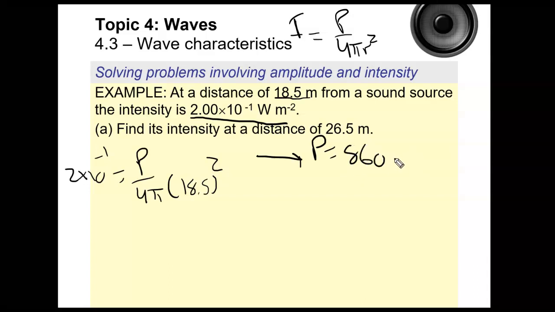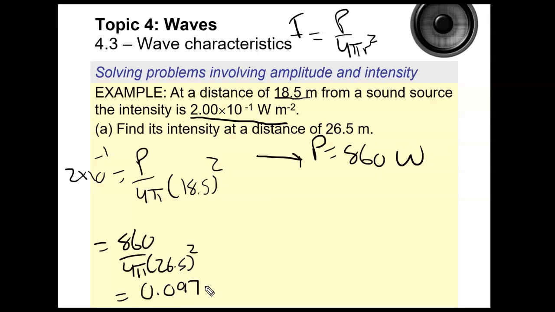I get about 860 watts. And then I could plug into the new intensity equation, take that same power, and plug in my new distance. Again, I'm just plugging this into my calculator. And I get 0.097 watts per square meter.